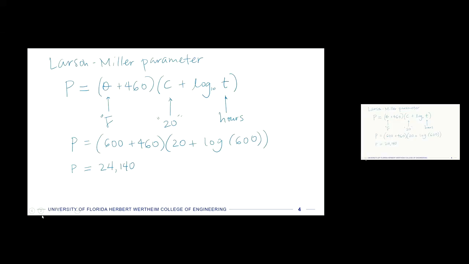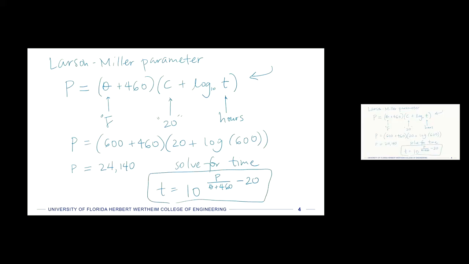So if we then take the Larson-Miller parameter equation up here and solve it for time, we come up with t is equal to 10 to the power P divided by theta plus 460 minus 20. So all I did was take the inverse of that log 10.